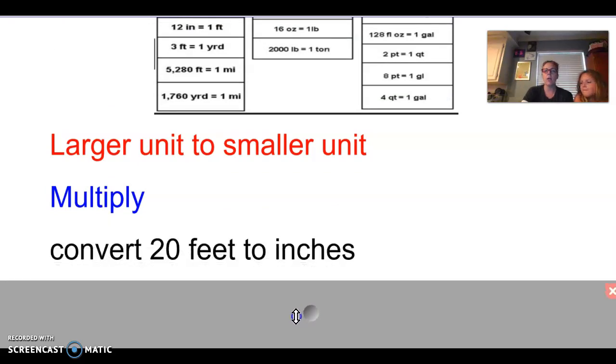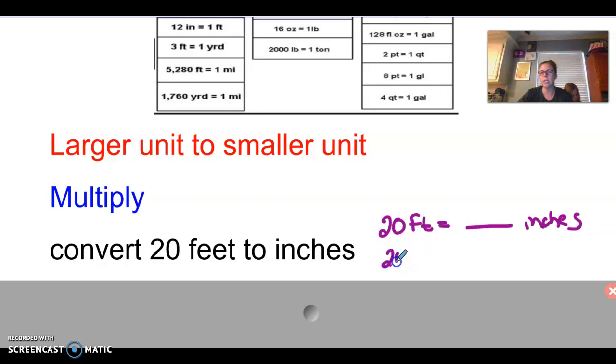So we're going from 20 feet, and we want to know how many inches that is. There are different ways to do this. We have 20 feet, and we want to know how many inches that equals. Well, we're going from larger to smaller, so we're going to multiply 20 times, well, how many inches are in a foot? We go up here.